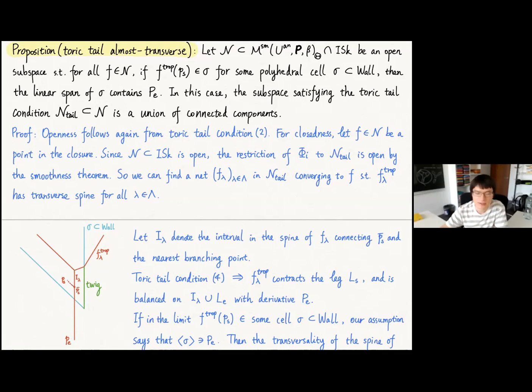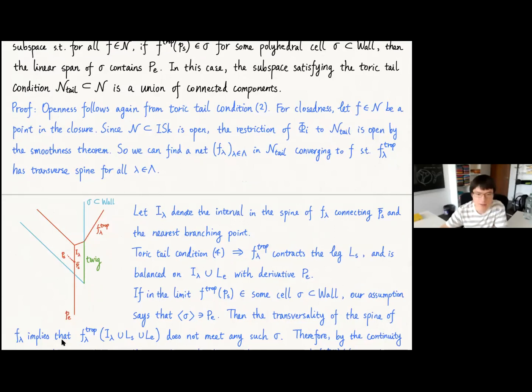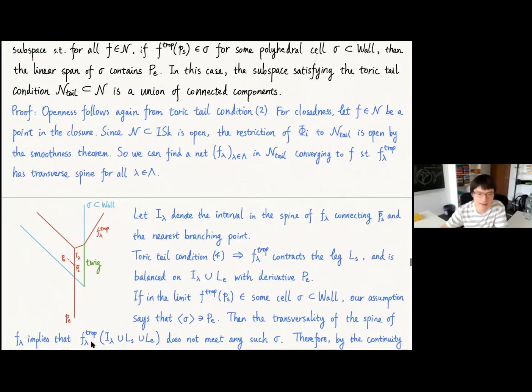Then the transversality of the span of f lambda implies that the image of all this part, this lower part, does not meet any such cell of wall, because it's out of wall and also it's parallel to the wall, so it cannot meet any such cell.